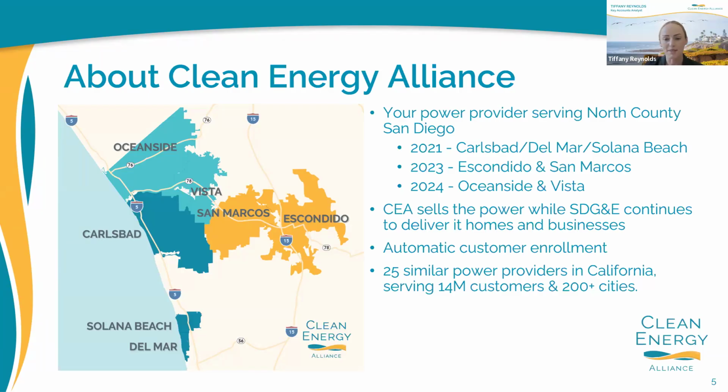It's a mouthful, but community choice aggregator is what Clean Energy Alliance is. There are approximately 25 different community choice aggregators or power providers that are similar to us across the state of California. We serve in total about 14 million customers across the entire state. So we are pretty prevalent in the state of California. You may know someone who is served by another CCA, see, it gets confusing, somewhere across the state.